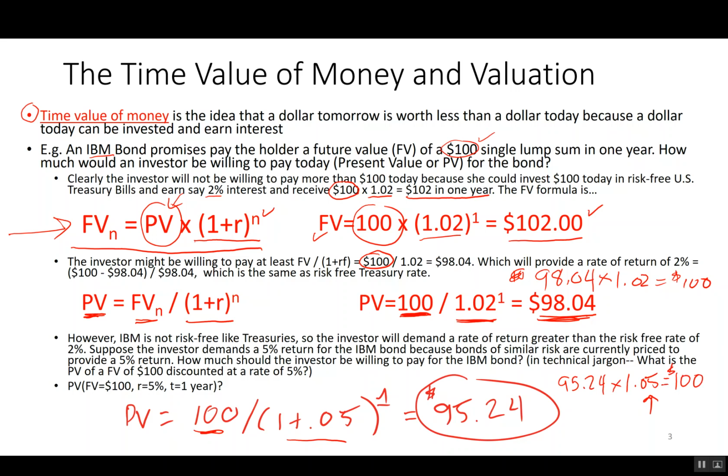So, solving our initial problem from this slide, how much did you pay for a promise of IBM of $100 in 1 year? Well, if you demand a 5% interest, or rate of return, you'll pay exactly $95.24 today. So this is the idea of the time value of money and the concept of valuation. What would I pay today for a promise of a future cash flow?